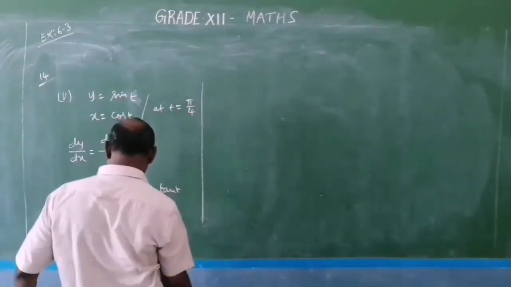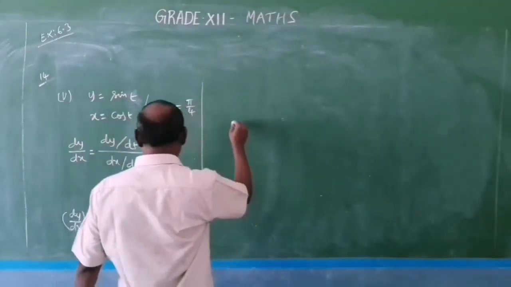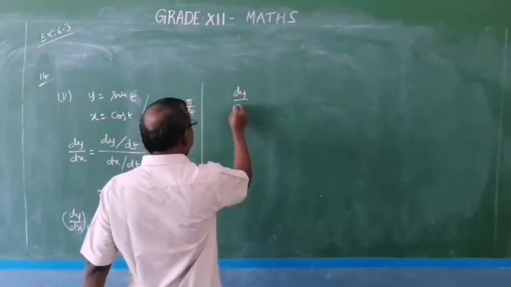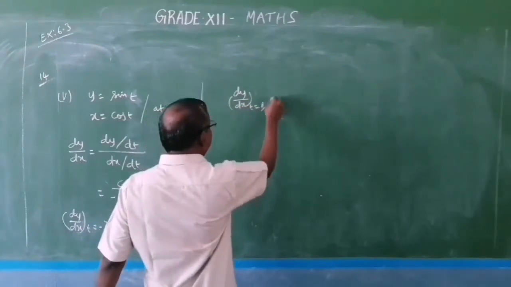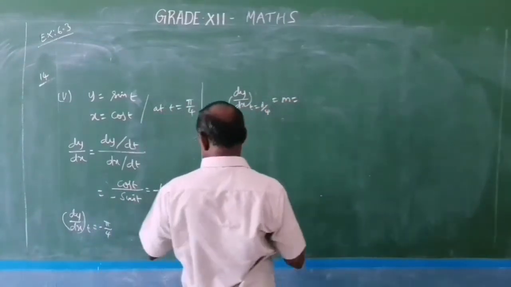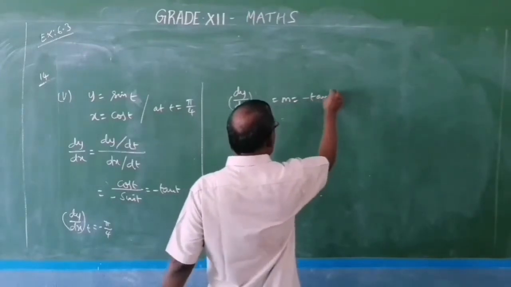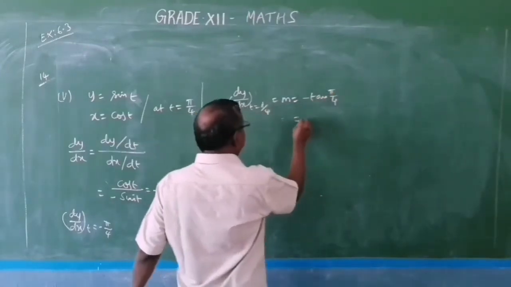At t equal to pi by 4, we have m equal to minus tan pi by 4, which is equal to minus 1.